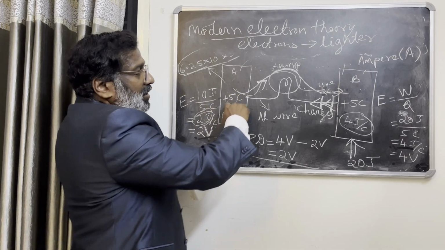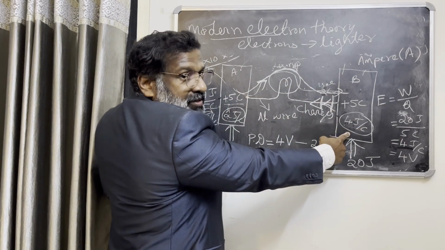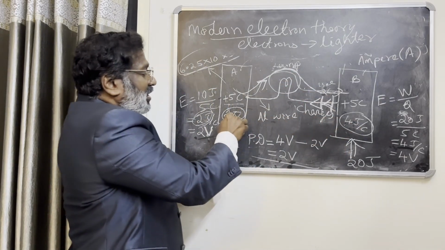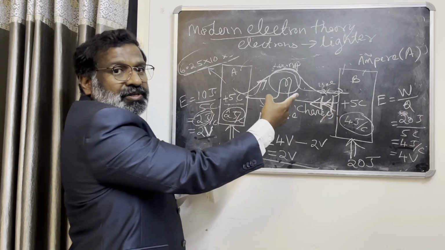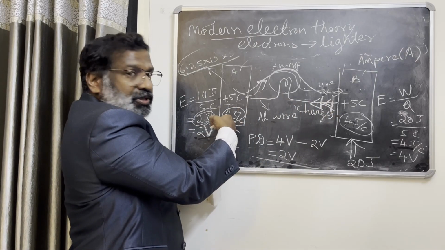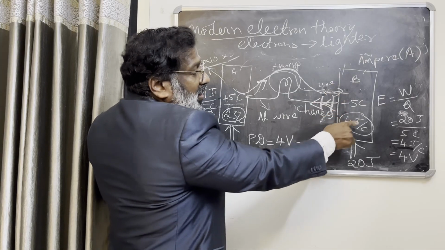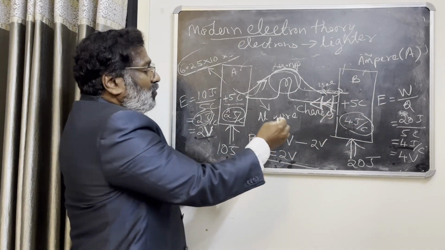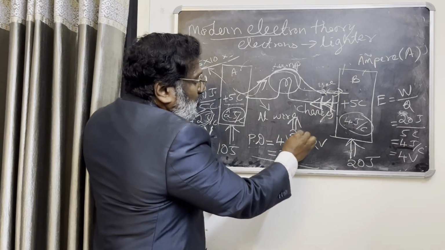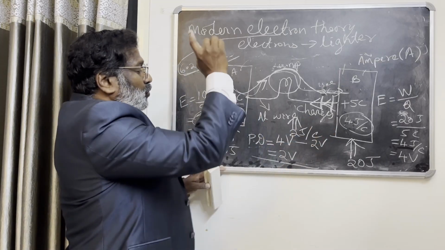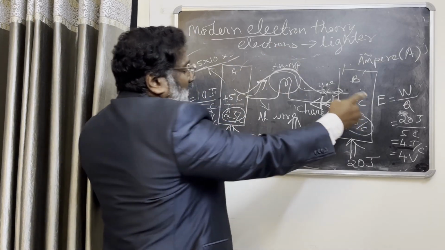If the electron here has to reach body B, it requires extra 2 joules. Right? Here it has only 2 joules. If it has to reach body B, it needs an energy of 4 joules per coulomb. So I have to supply extra 2 joules per coulomb to transfer the electrons from lower to higher potential.